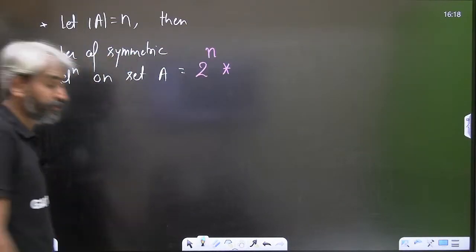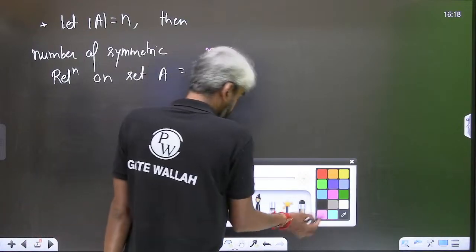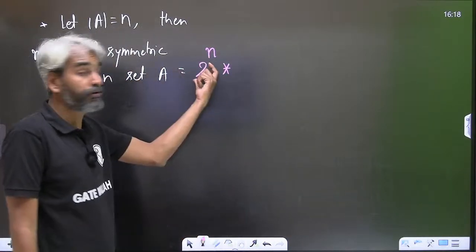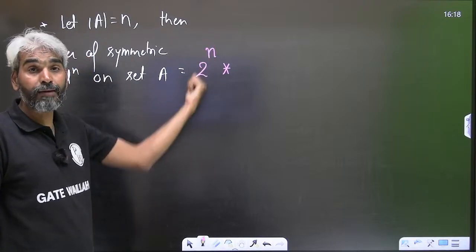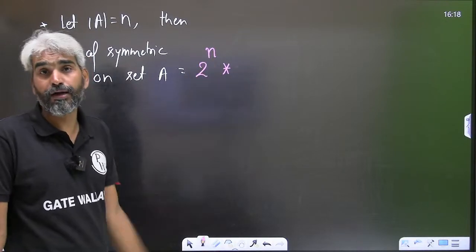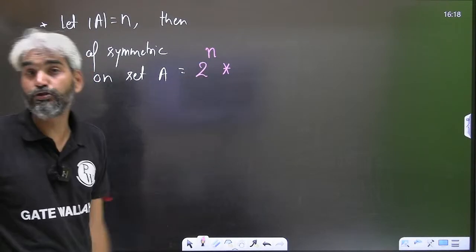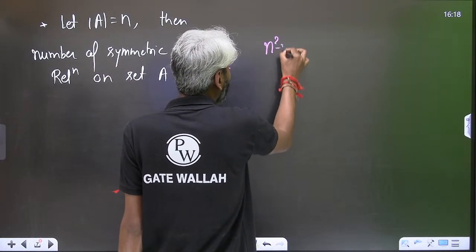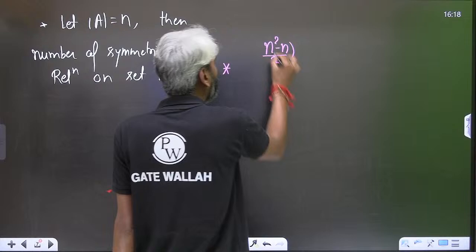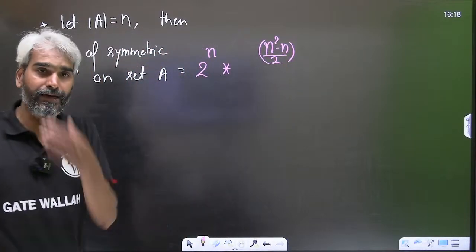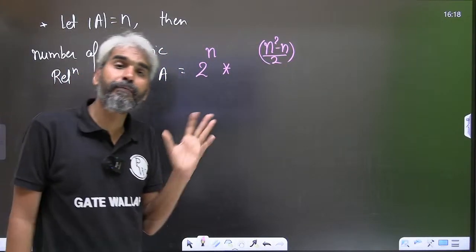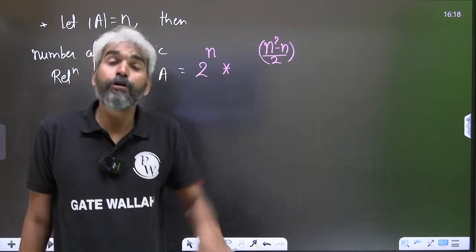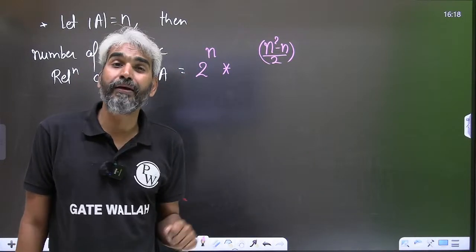Now, how many symmetric relations are there? We need to look at diagonal ordered pairs as well as non-diagonal ordered pairs. For n diagonal ordered pairs, any combination is allowed, that is, there are 2 raised to the power n choices. And for (n squared minus n)/2 symmetric pairs of non-diagonal ordered pairs, either the symmetric pair may be present or it may not be present.